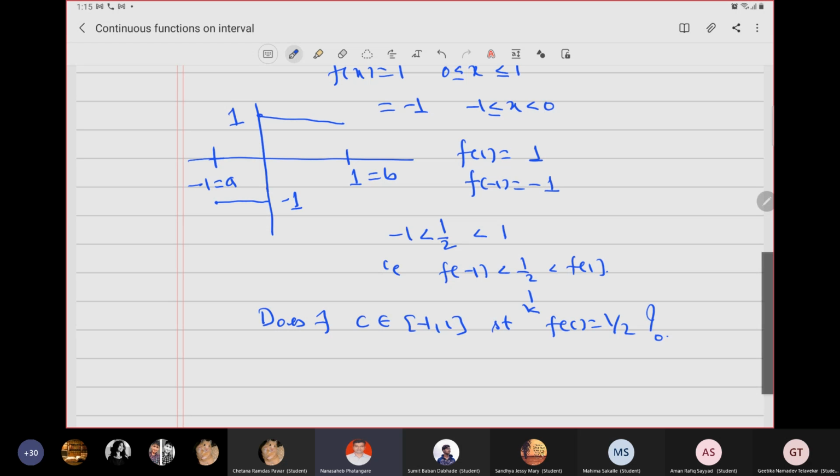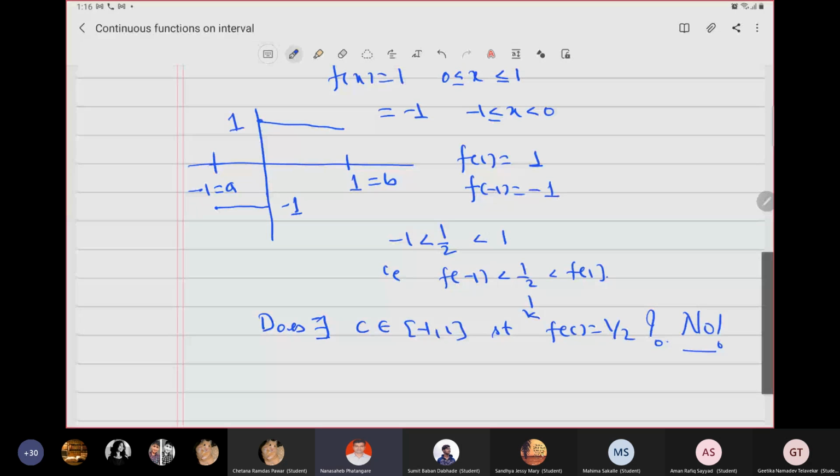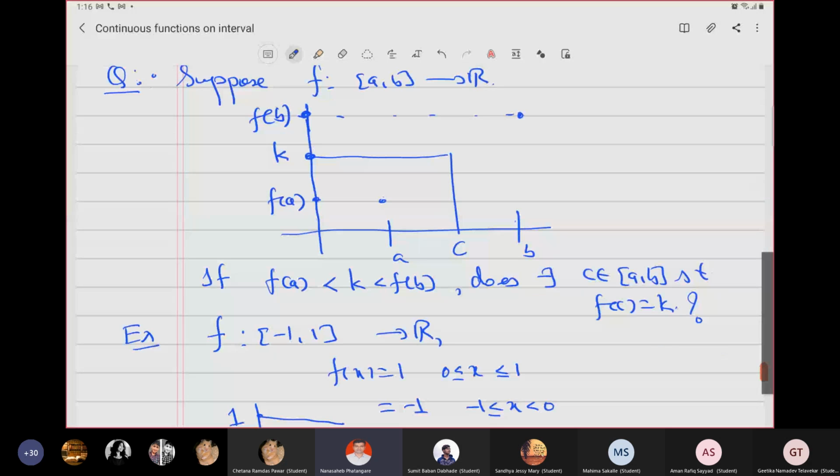Is it true? No. And why is this not true? Because this function is not continuous. Therefore, in general, for the previous question, if k lies between f of a and f of b, there is no guarantee that there is a c at which the function attains the value k.